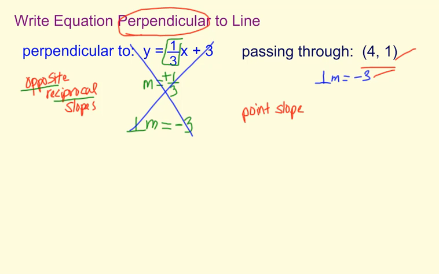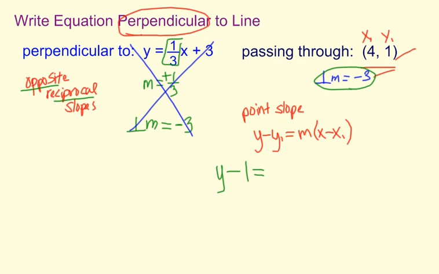Point slope form is y minus y1 equals m times x minus x1, where the x1 and the y1 come from that ordered pair. When we plug in our values, our y1 is a 1, so y minus 1 equals, the slope that we're using is this perpendicular slope, so -3 times x minus 4.